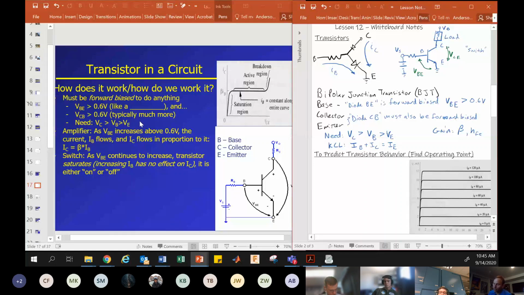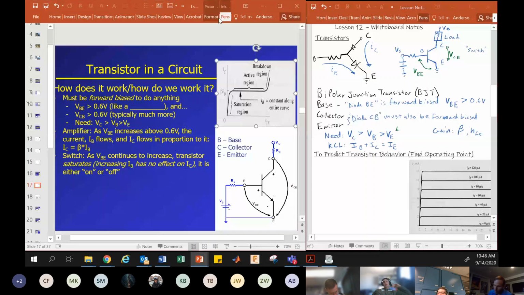A transistor, a BJT, has three modes it can operate in. It can operate as an amplifier, where we're amplifying current, multiplying current by a constant, or it can act as a switch, in which case we say it's in saturation mode. And it has this breakdown region, which we wouldn't operate it in.